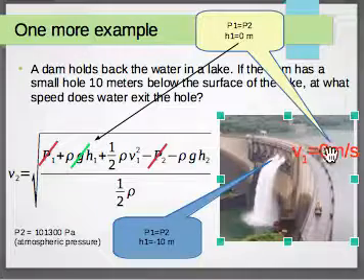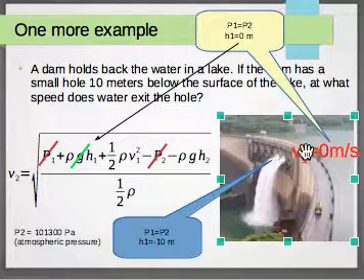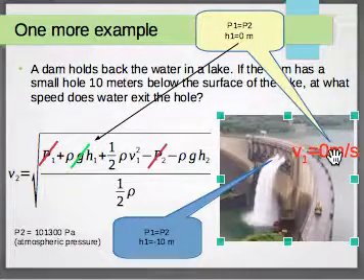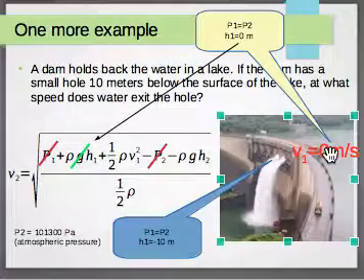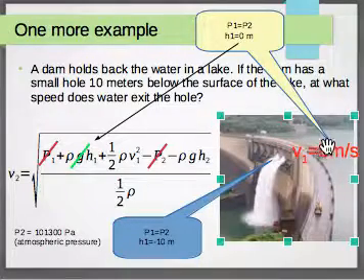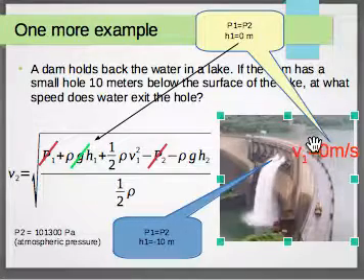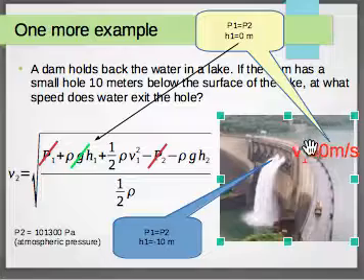Well, the water there, it's not moving. As you can see, the water here is moving, but over here, it's very still. Or maybe it is moving a little bit, but if you get the average of the speed of the molecules, it's going to be 0. So the velocity here is 0.